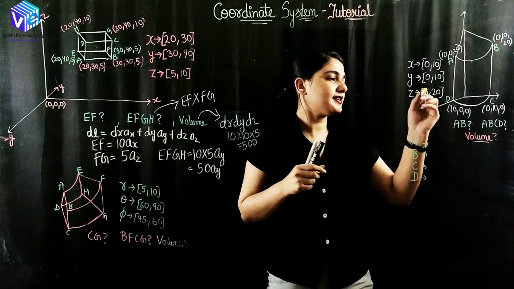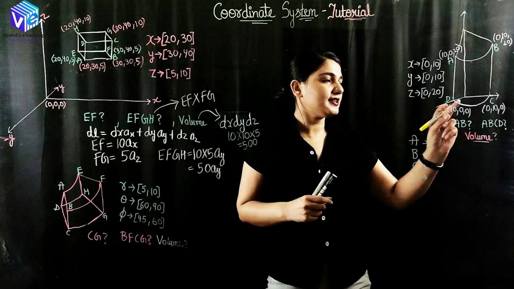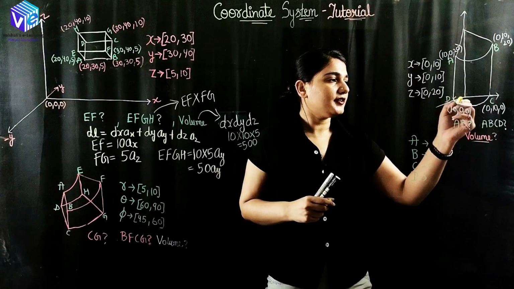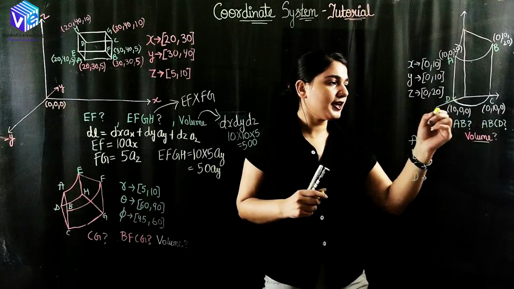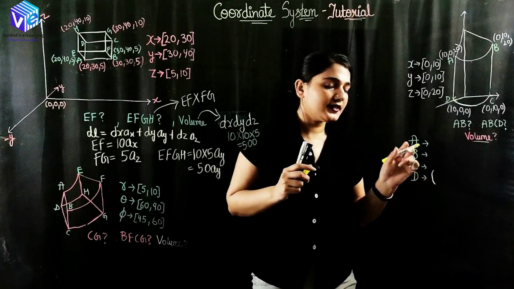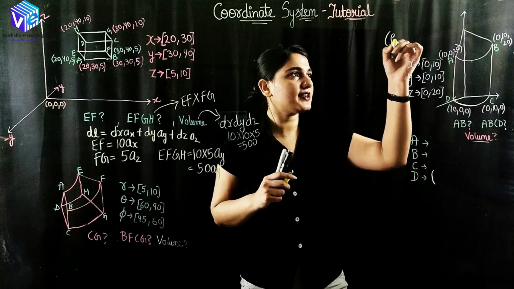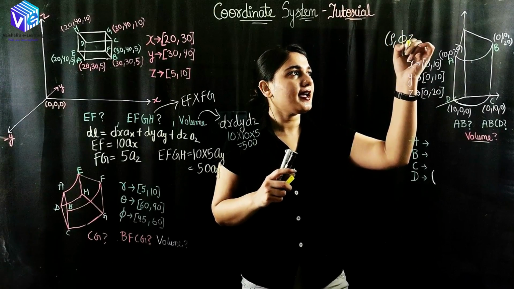I will start from the point D. Here the D point has radius equal to 10, so rho is 10. Cylindrical coordinates are represented as rho, phi and z.